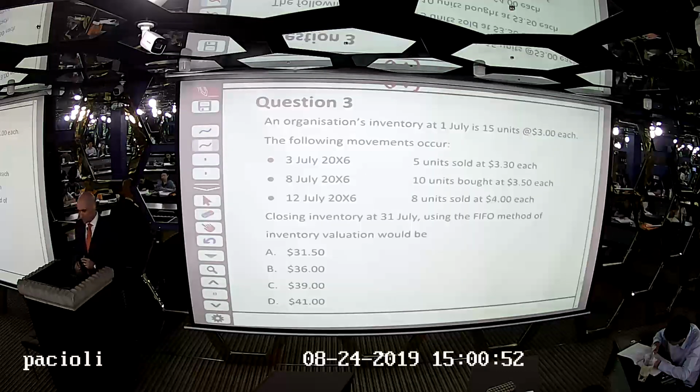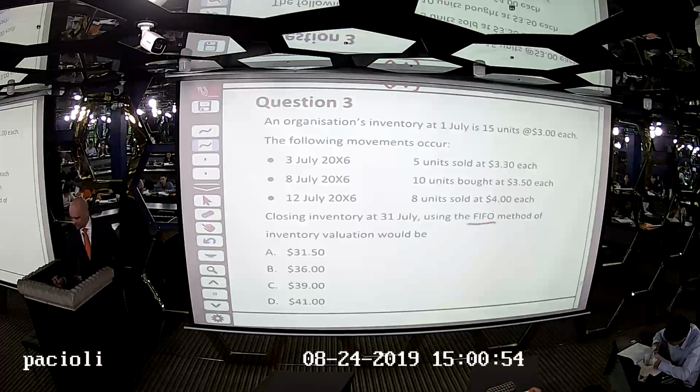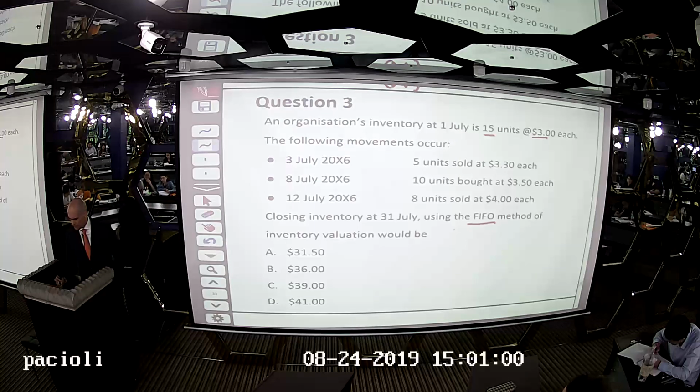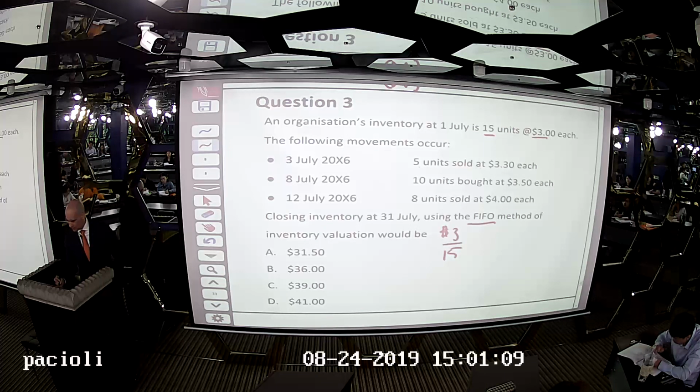Question 3 is about FIFO. It says the opening inventory is $3 each and 15 units. So $3 inventory, you have 15. And then it says you sell 5.